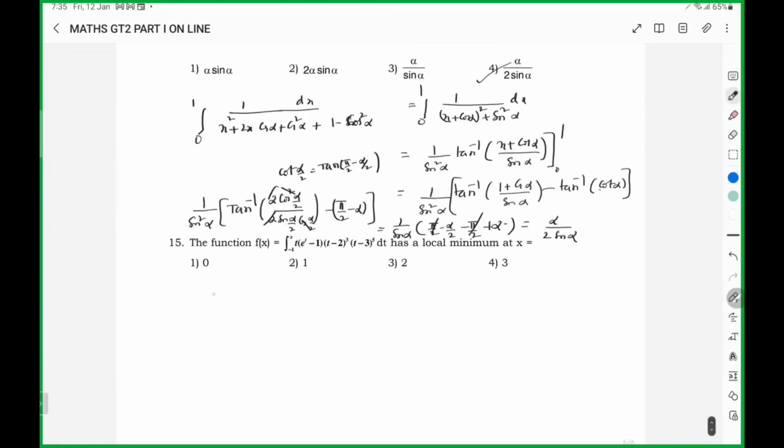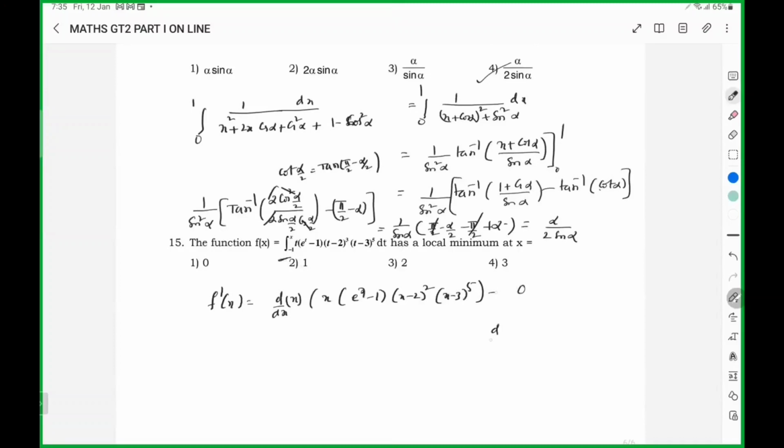So here f dash x will be, Leibniz theorem, derivative of upper limit, and in place of t we have to substitute x. Derivative of 1, 0.